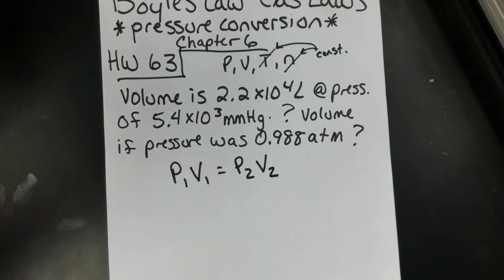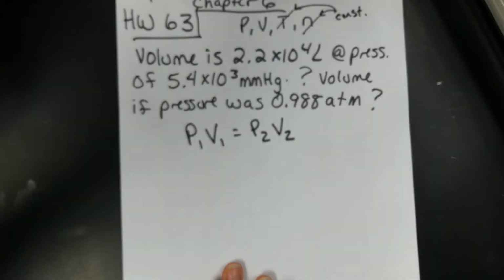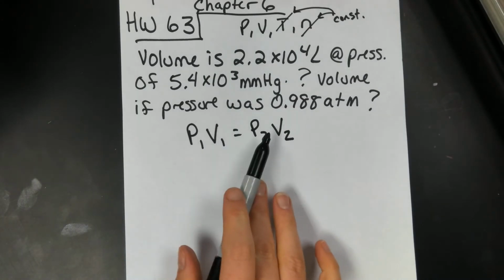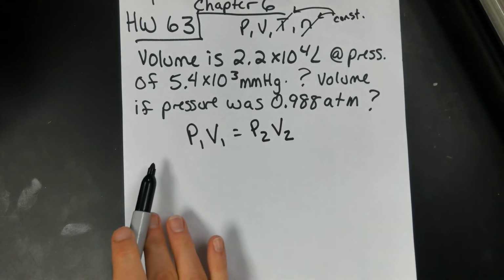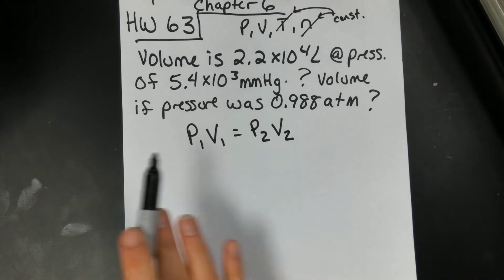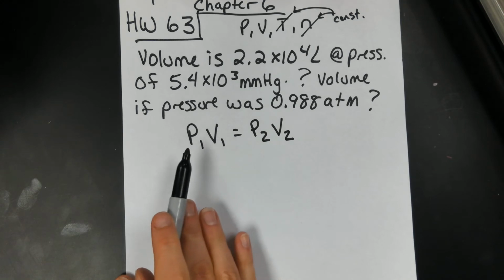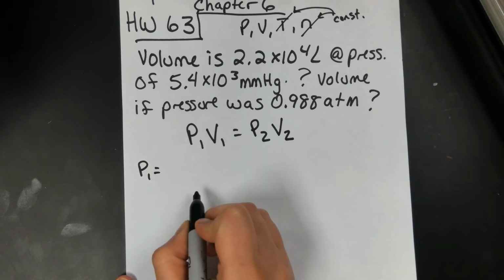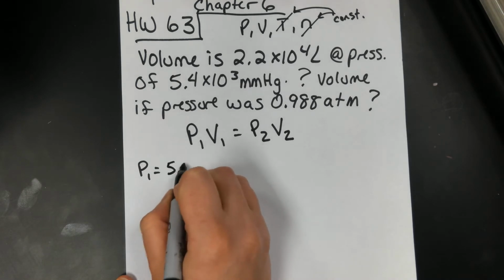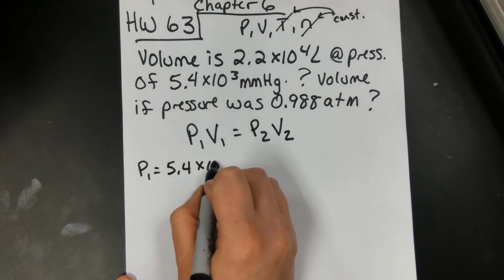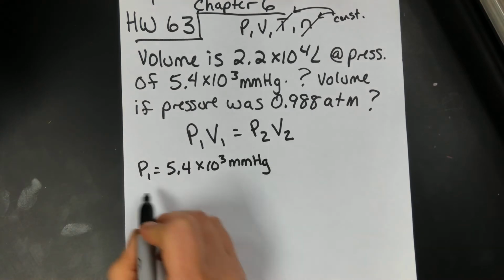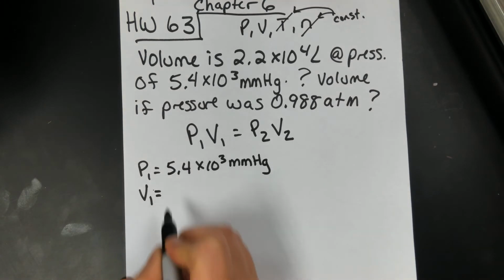So let's define P1 and V1. I usually think about this as the before, and this is the change. So is there a pressure that they give me before, is there an initial pressure? Yeah, they give me an initial pressure of 5.4 times 10 to the 3 millimeters of mercury. Is there a volume that we are starting with?